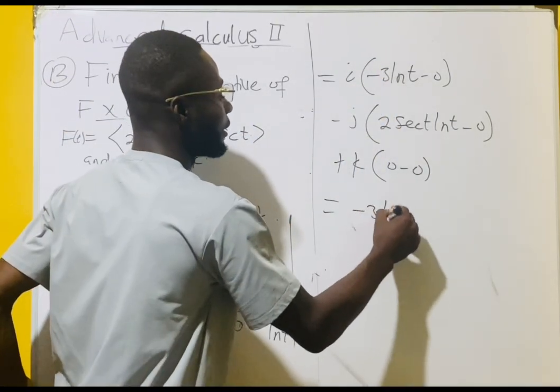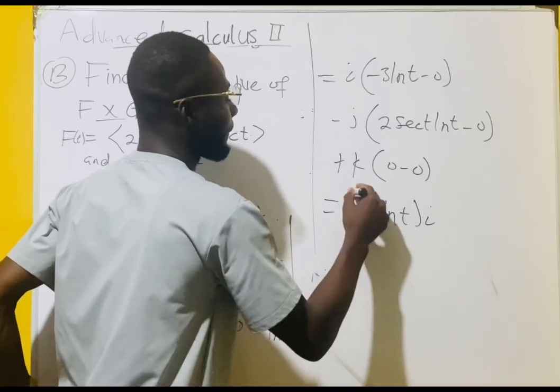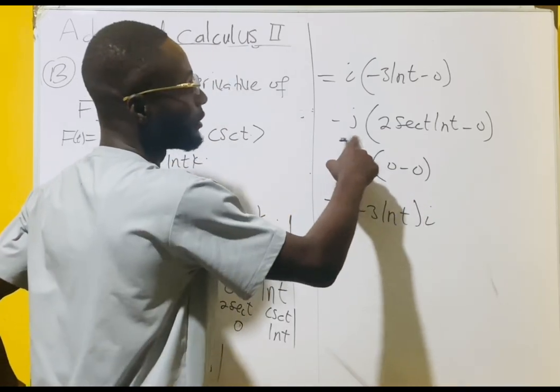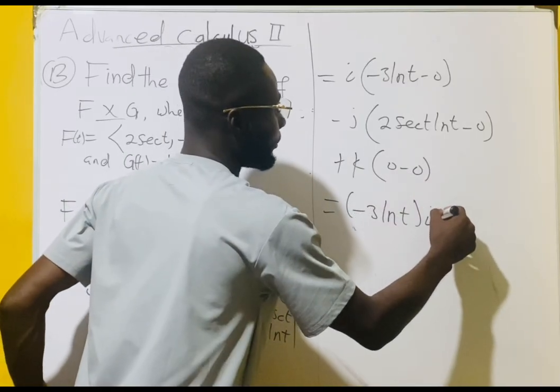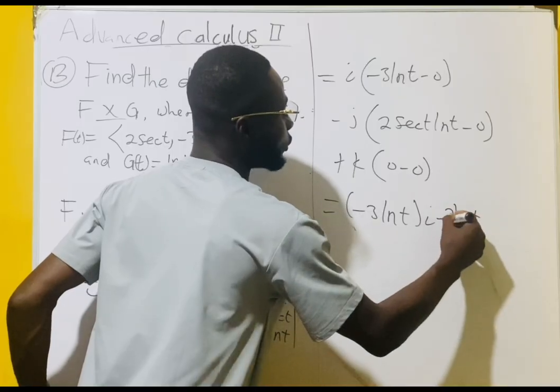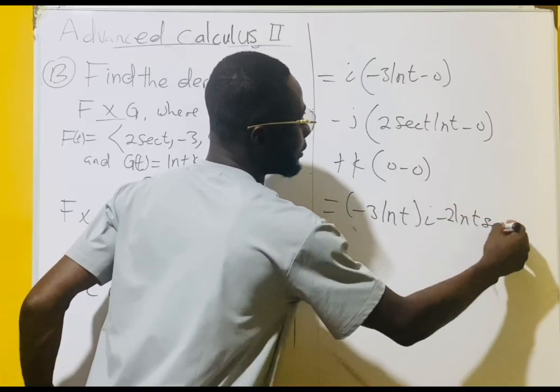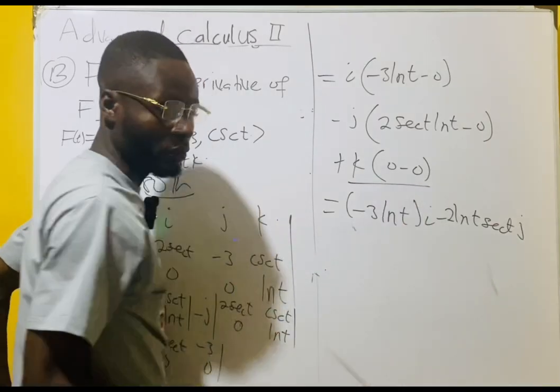Minus 3 ln t or i. Then this and this becomes minus ln t minus 2 ln t sec t or j. So this and this is also 0.